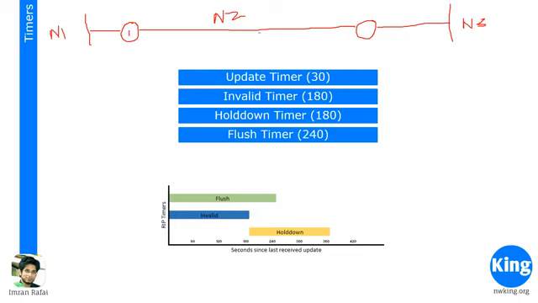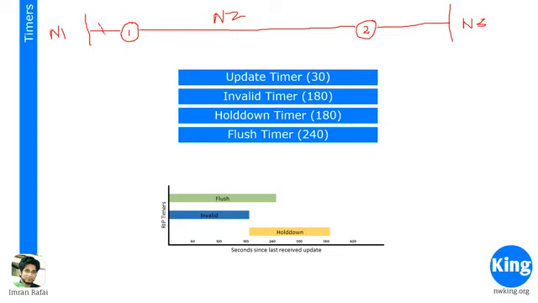Now router 1 tells router 2 that I know network 1 and network 2, so it sends the update. And router 2 tells router 1 that I know network 3 and network 2. Every 30 seconds these both exchange their routing tables.